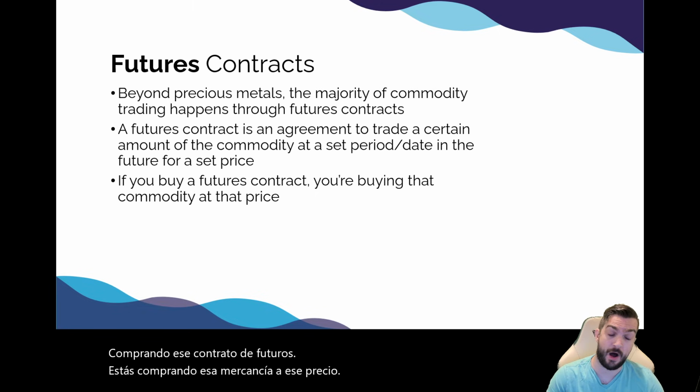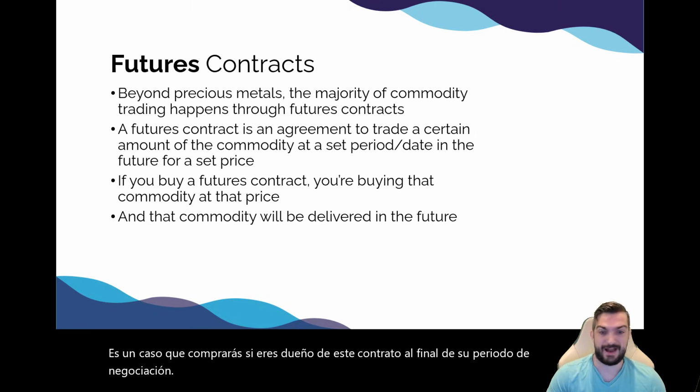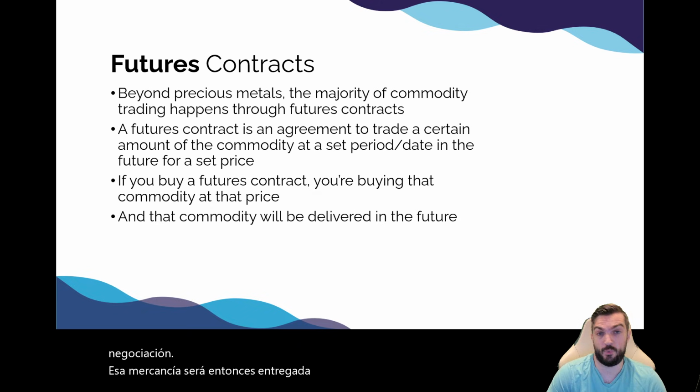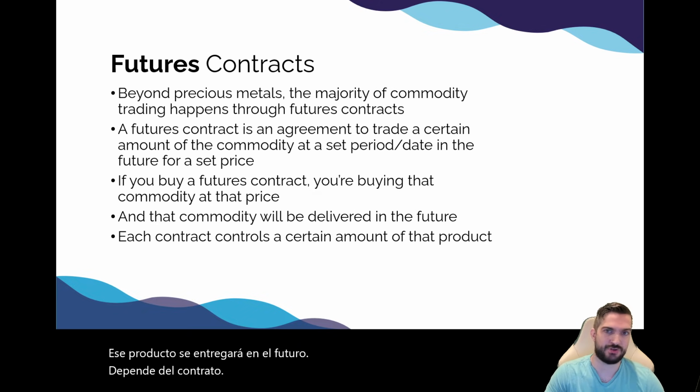It is not an option to exercise it. It is you will buy this thing if you are owning this contract at the end of its trading term. That commodity will then be delivered in the future. Where? Depends on the contract. Each contract will control a certain amount of that product.